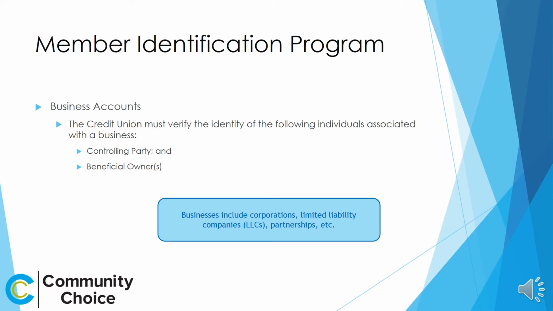Our member identification responsibilities also apply to business accounts. In connection with business accounts opened for a corporation, limited liability company, or partnership, the credit union is required to identify both a controlling party and all beneficial owners of the business.